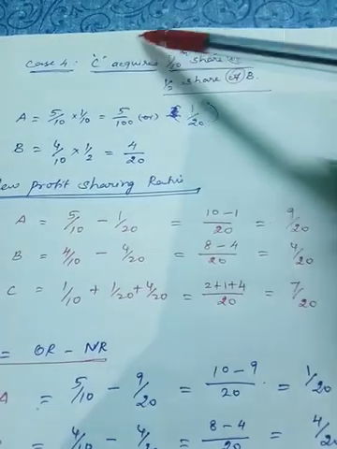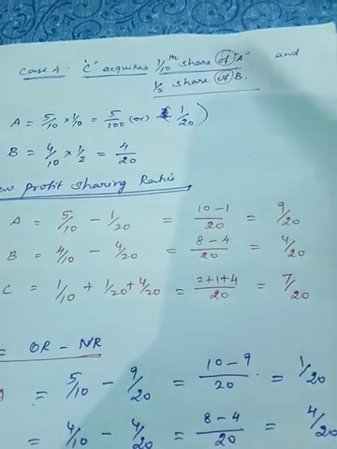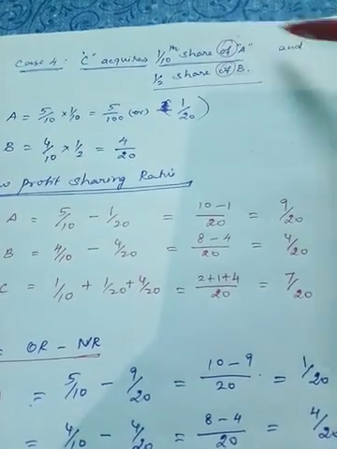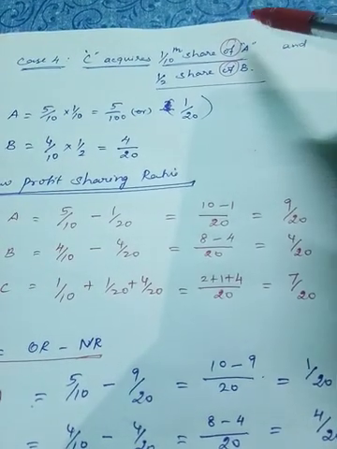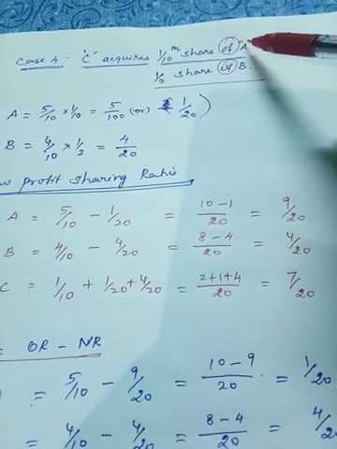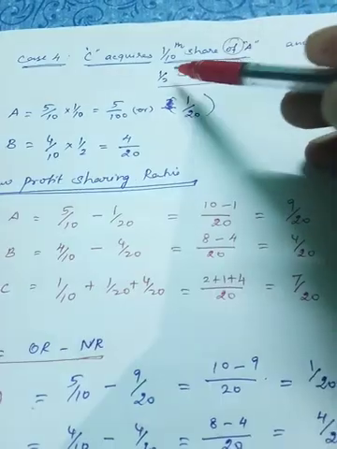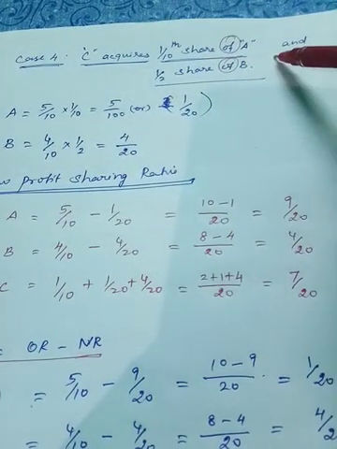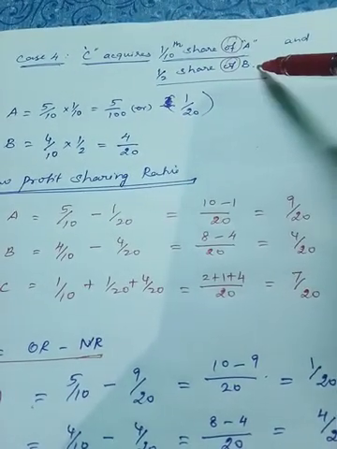Then case 4, C acquires 1/10 share of A, not from A, here they mention of A, and 1/2 share of B. That means first you calculate how much is 1/10 share of A, then how much is 1/2 share of B, then you subtract from A and B, then you add it back.